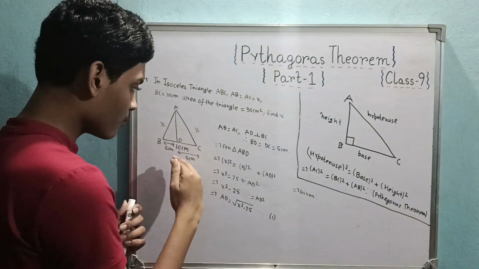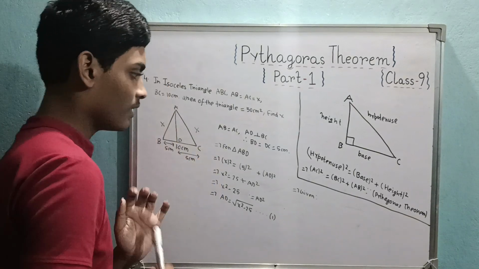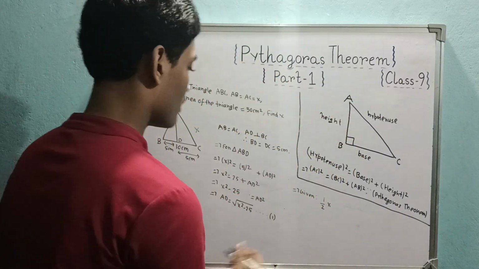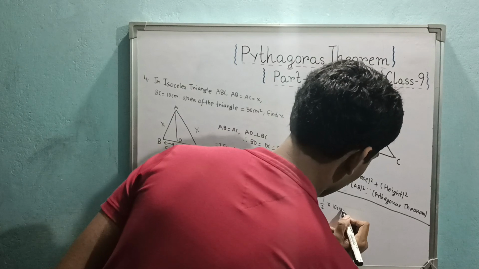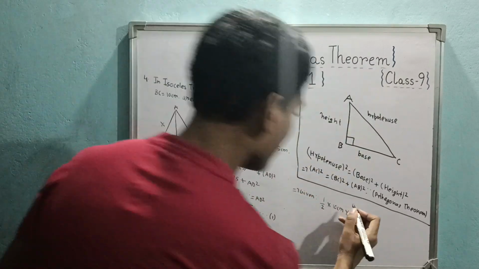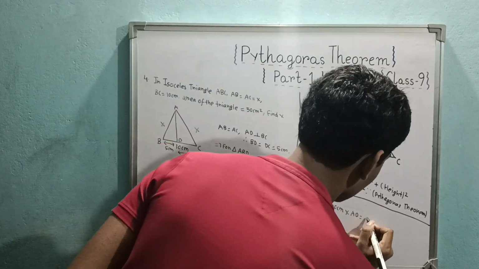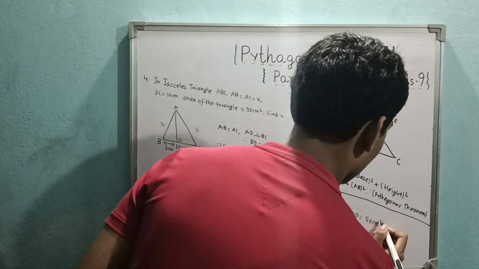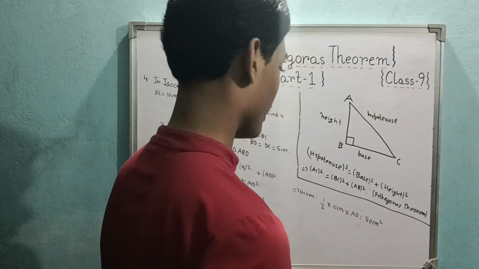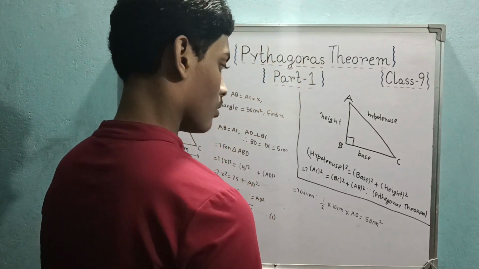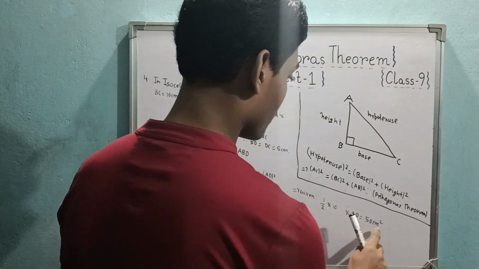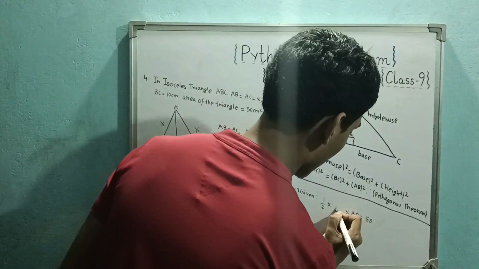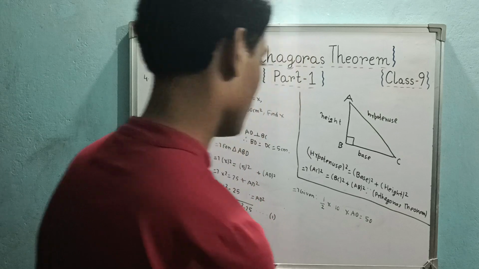Half into base, which is BC, into height, which is AD. Half into BC, or the base 10 centimeter, into the height, which is AD, equal to 50 centimeters square. So again, I'm just removing this centimeter. Half into 10 into AD equal to 50.